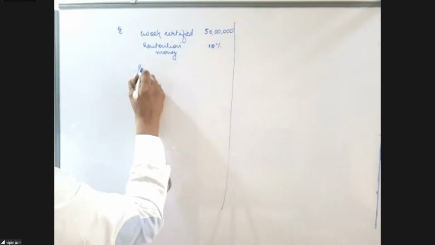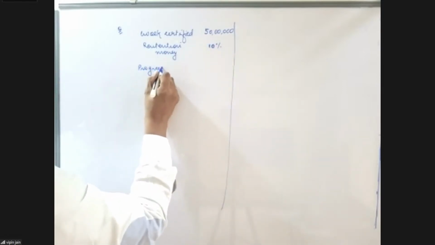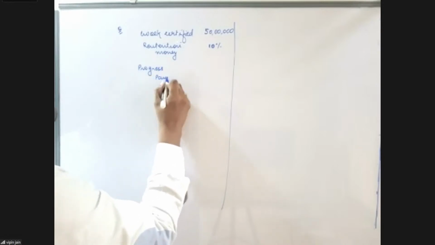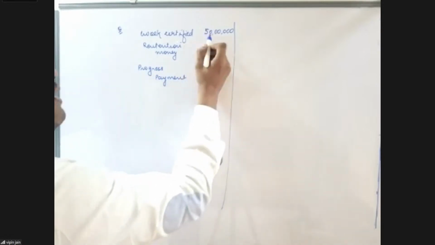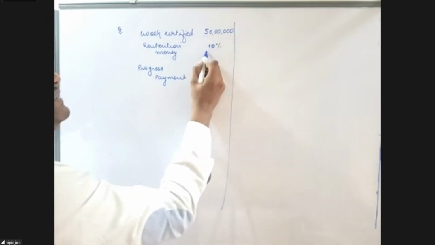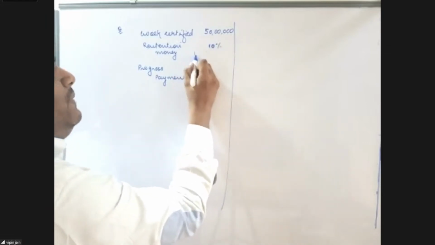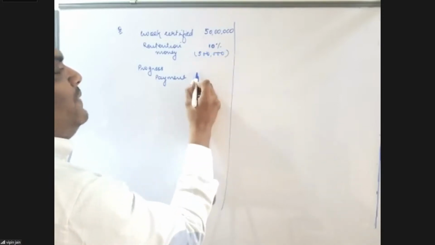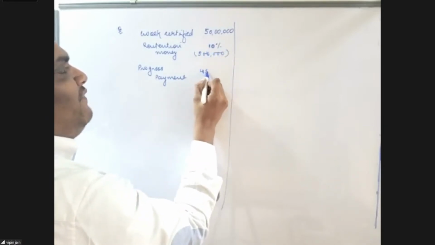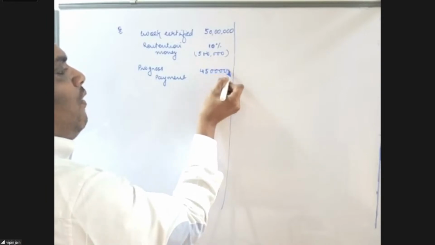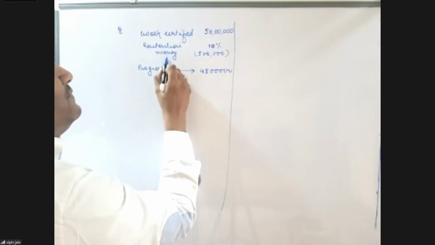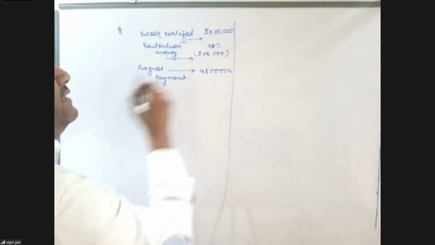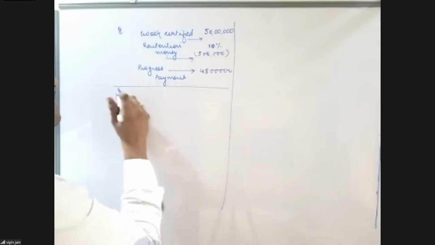So how much will be the progress payment? Out of 50 lakh, 10% is retained. It means retention money will be 5 lakh. So the progress payment will be 45 lakh. So this will be the progress payment, this will be the retention money, and this will be the work certified.